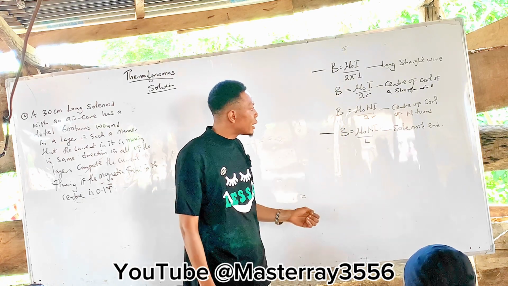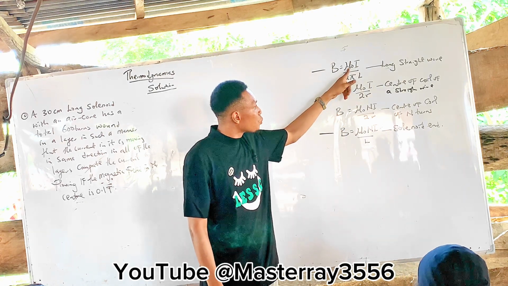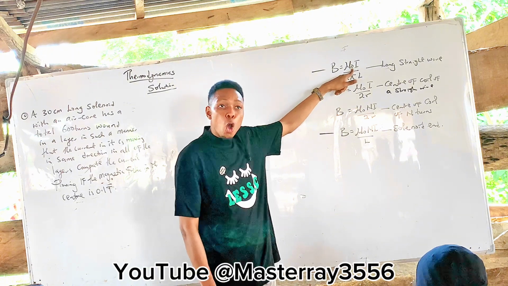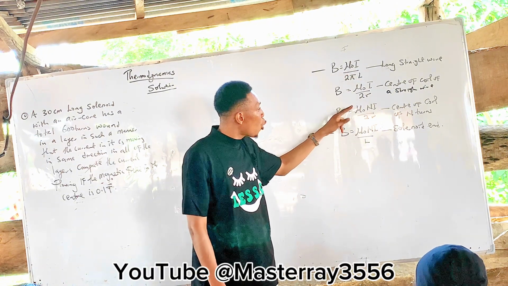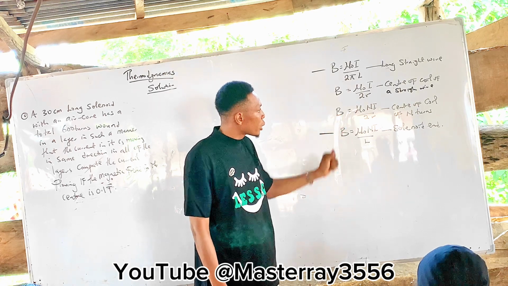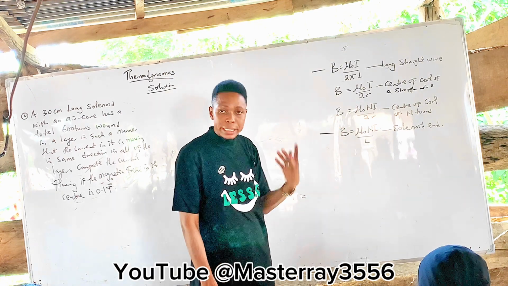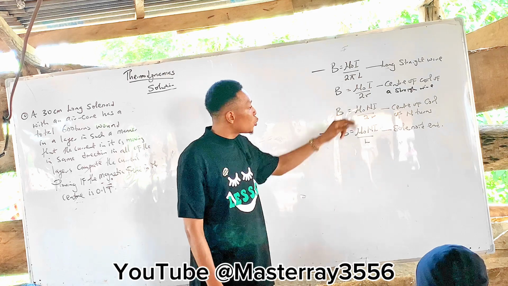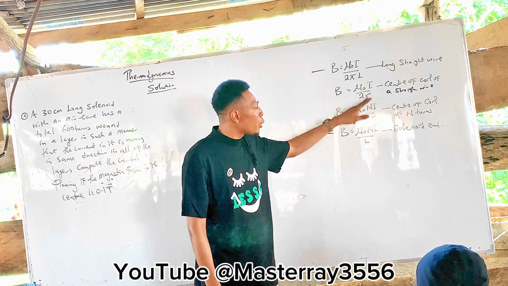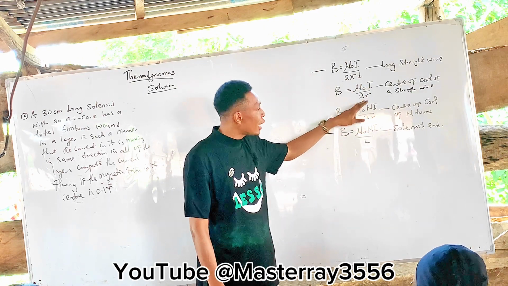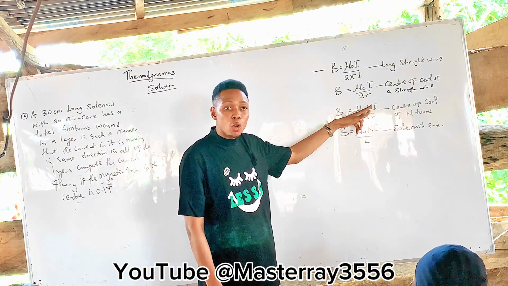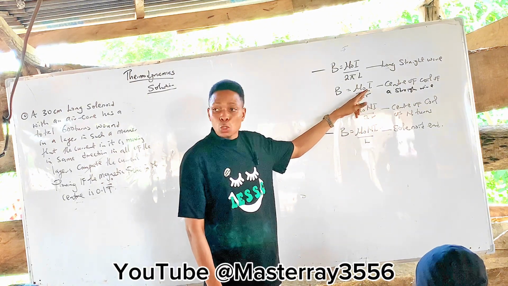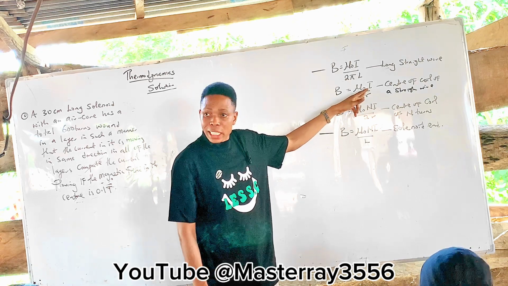But the difference is that this one has no number of turns, while this one carries the number of turns. If you compare these two as well, they are almost the same, but this one deals with radius and has no turns, while this one carries the number of turns. Are you getting me?